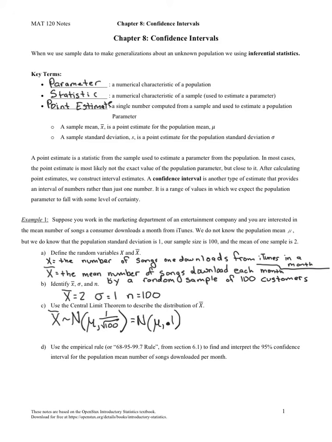In letter D, we're asked to use the empirical rule to find and interpret the 95% confidence interval for the population mean. Please, let's remember what percentage falls within one standard deviation of the mean, 2 standard deviations of the mean. If you'll recall, we will have 68% of our data falling within 1 standard deviation of the mean.